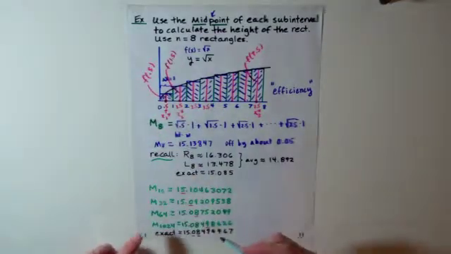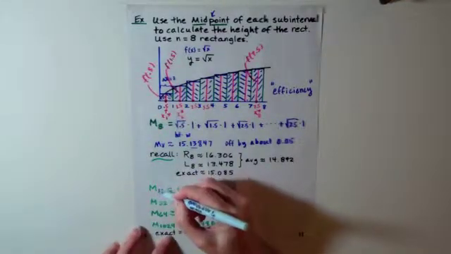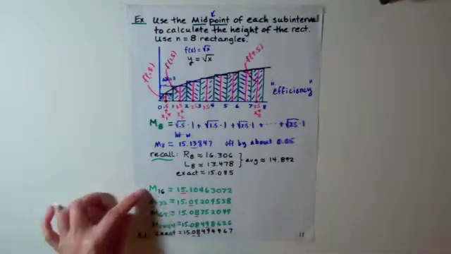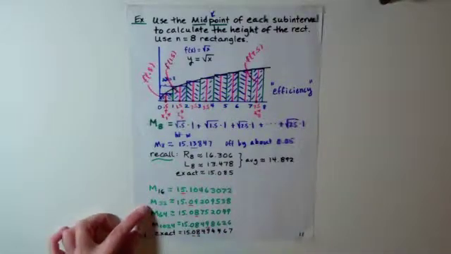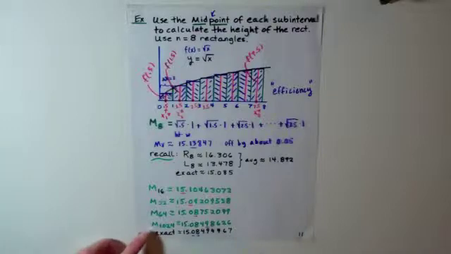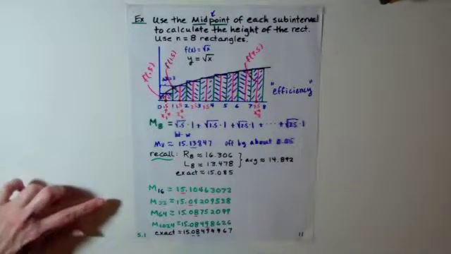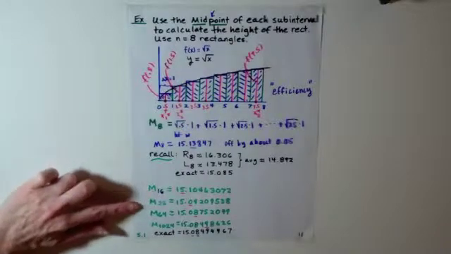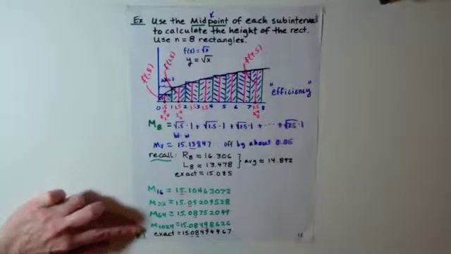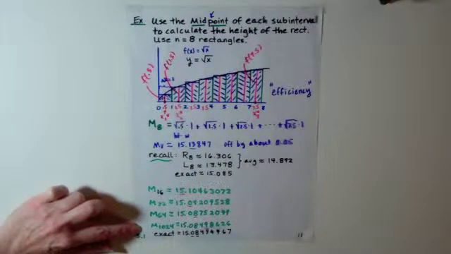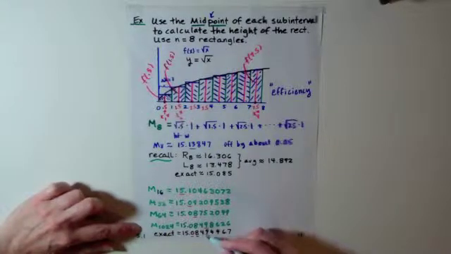And here, just for your information, I did M sub 16, M sub 32, M sub 64, and M sub 1024. Well, what are those? That's just the midpoint rule with 16 rectangles, 32 rectangles, 64 rectangles, and 1024 rectangles. And when you get out to 1024 rectangles, we are good actually out to this decimal place.